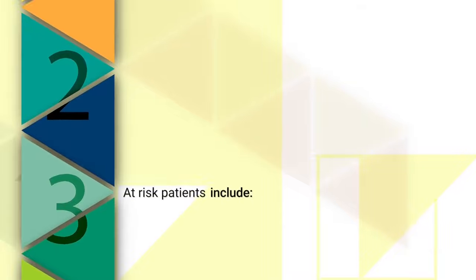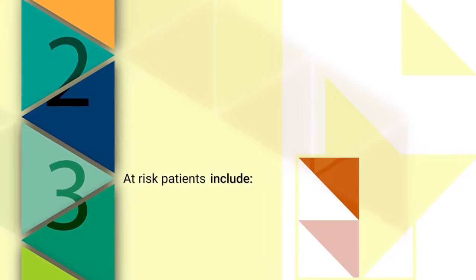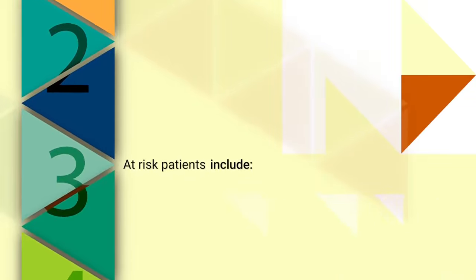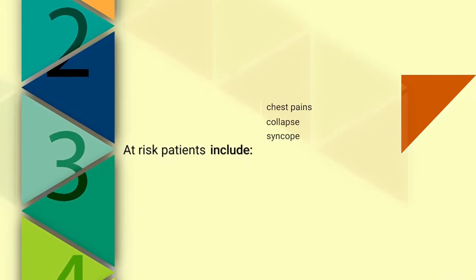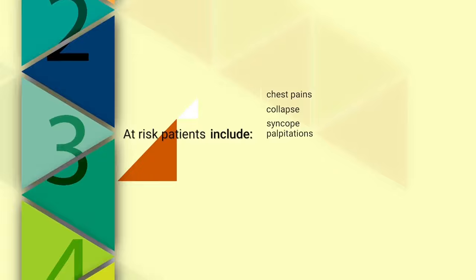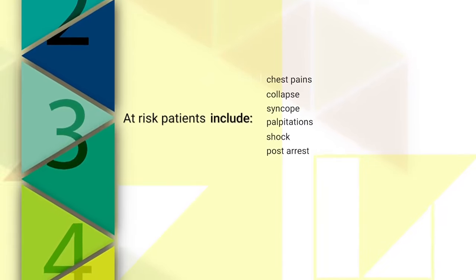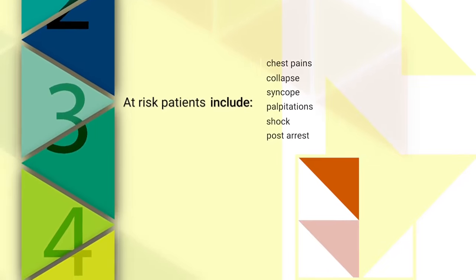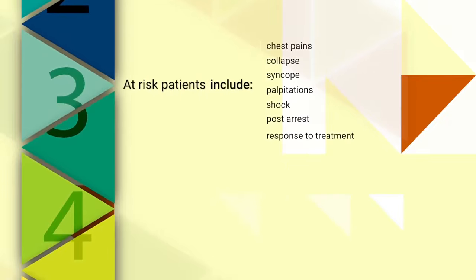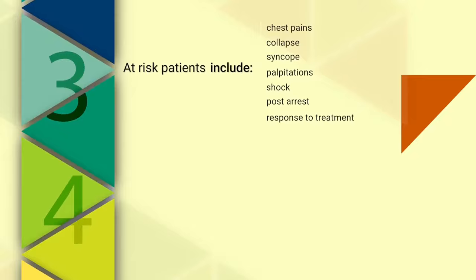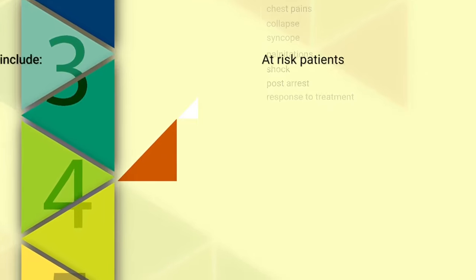Patients who are at risk of a cardiac event are also often monitored, and these include those who present with chest pain, collapse, syncope, palpitations, shock, following cardiac arrest, or who may be undergoing some kind of treatment and require monitoring for the duration of that treatment.